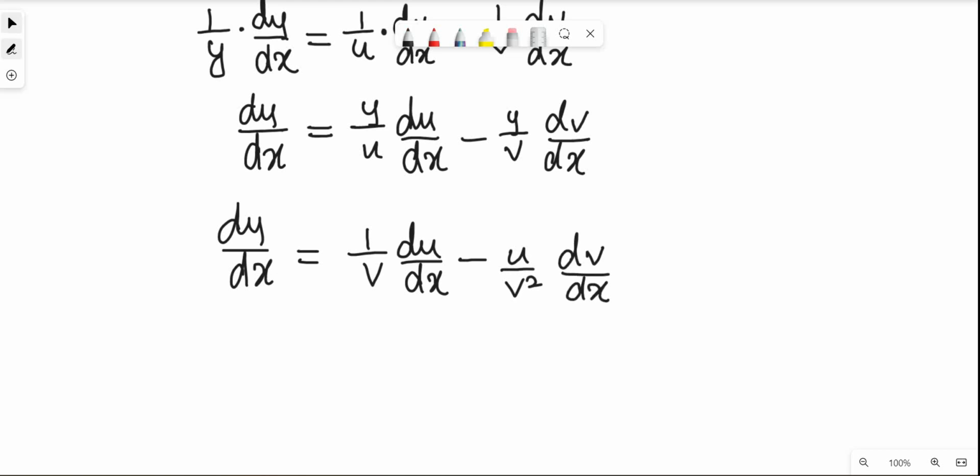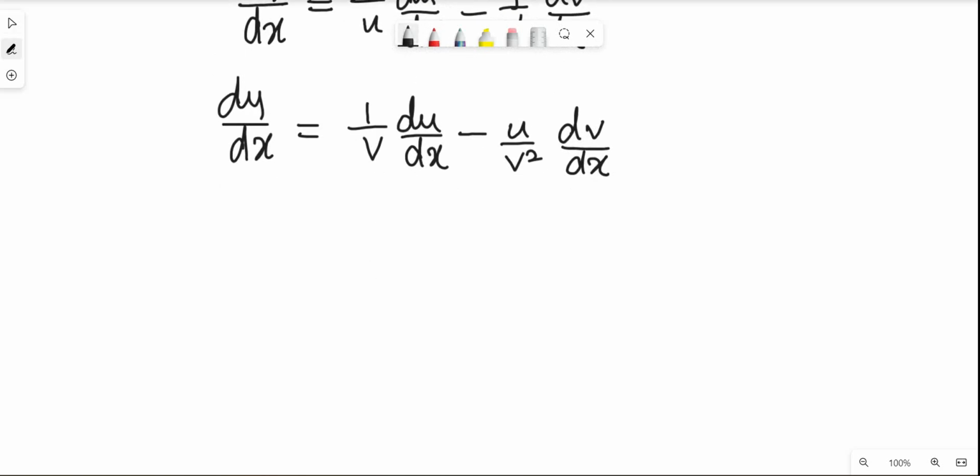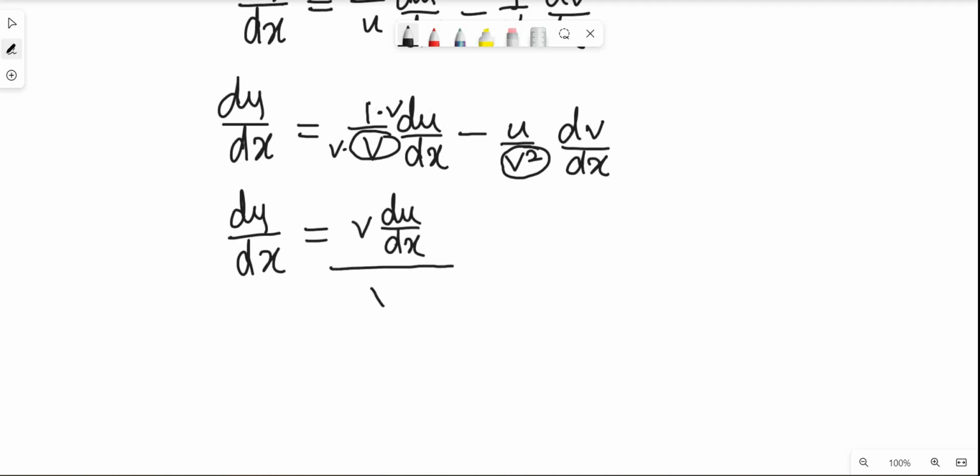And now we can take common denominator, and what we see is the common is v squared. So we multiply this side by v on the top and bottom, so we get dy by dx equals. Now the top will be multiplied by v, and the bottom is also multiplied by v, so we get v du by dx all over v squared minus u dv by dx all over v squared.